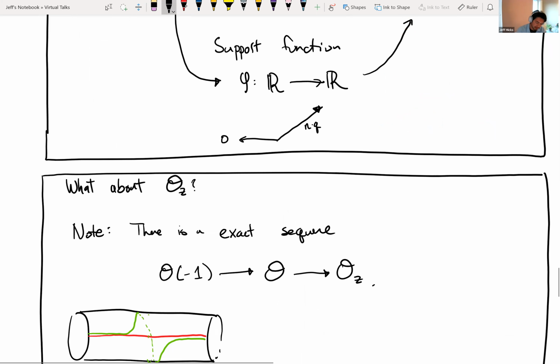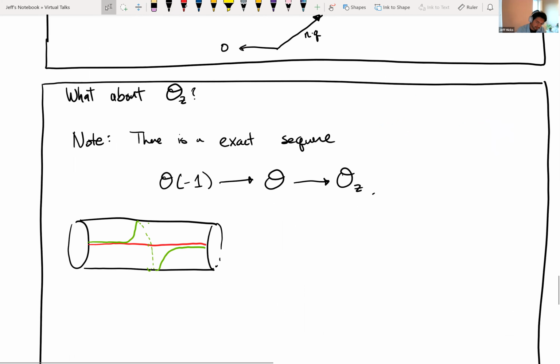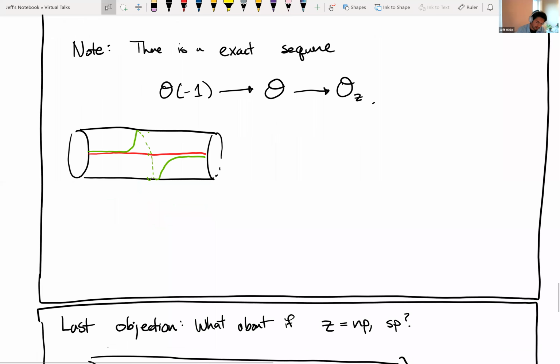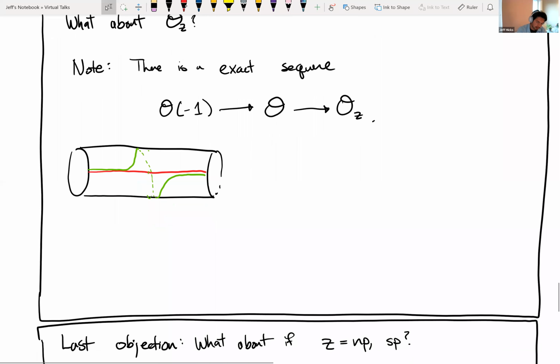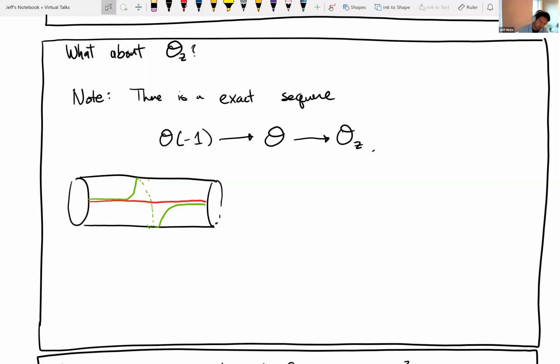The last thing that I want to say before getting to the main portion of the talk is, what about the Lagrangians that we had before, which were mirror to points?